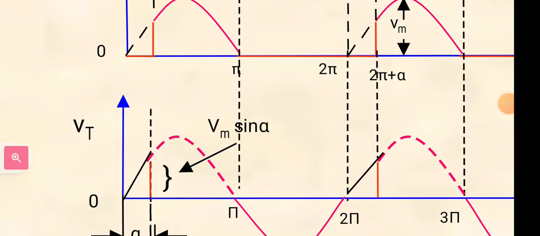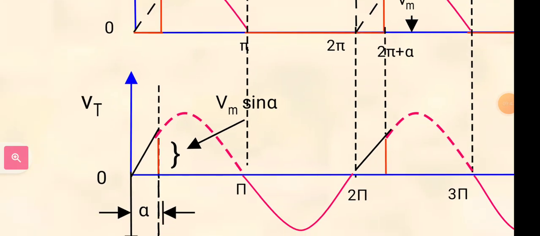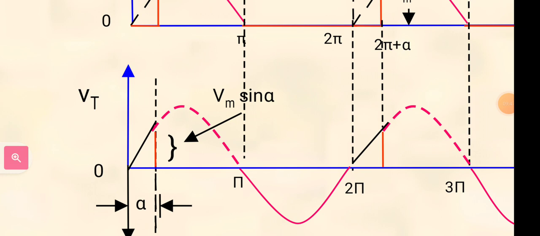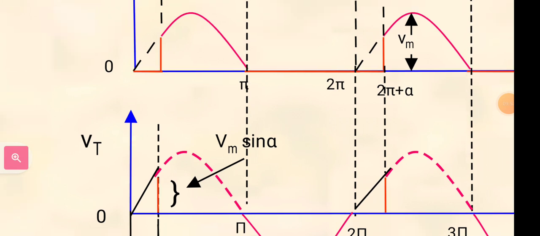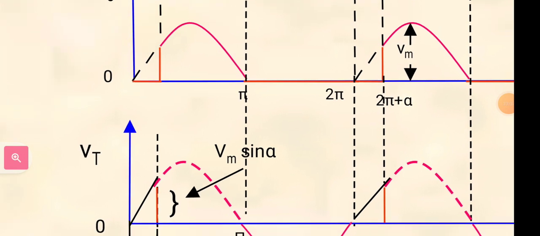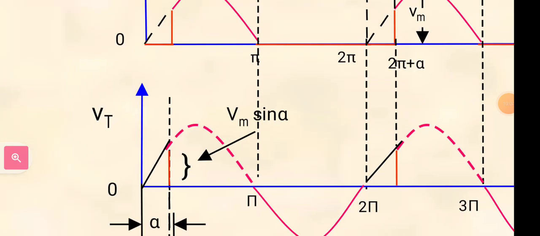In the case of Vt, the terminal voltage, where the output voltage conducts, the output voltage starts. In the absence of output voltage, the terminal voltage will be present.